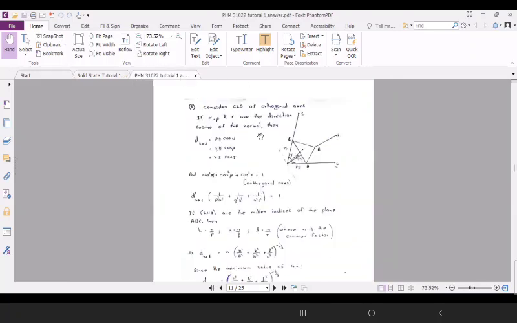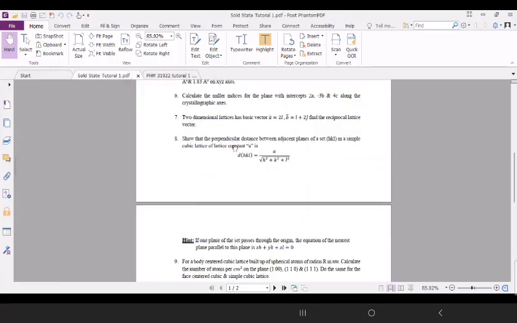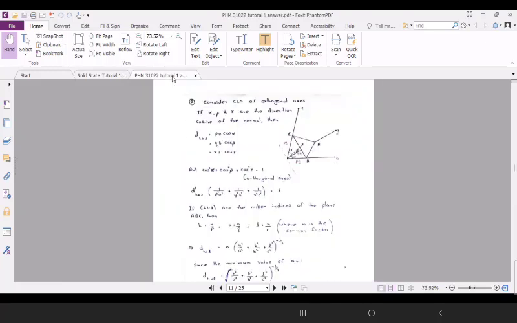The answer is in your theory notes PDF, you can check it. We can briefly explain it. If it is the perpendicular distance between adjacent planes, then you can think about orthogonal axes, which are perpendicular to each other.